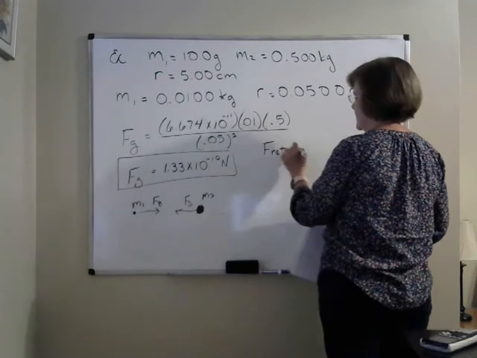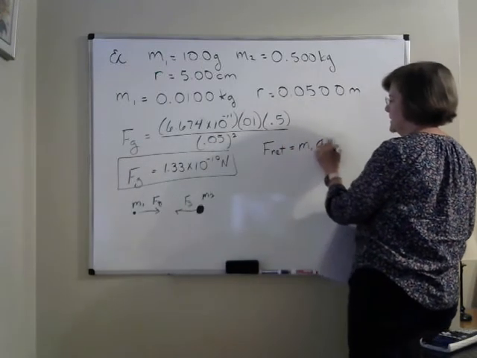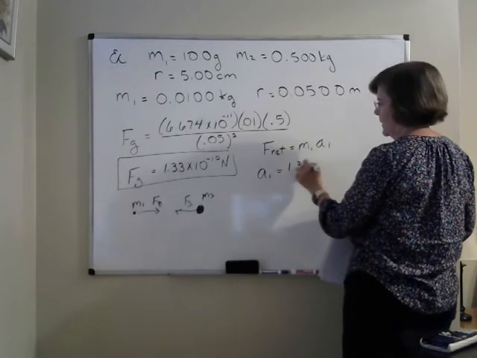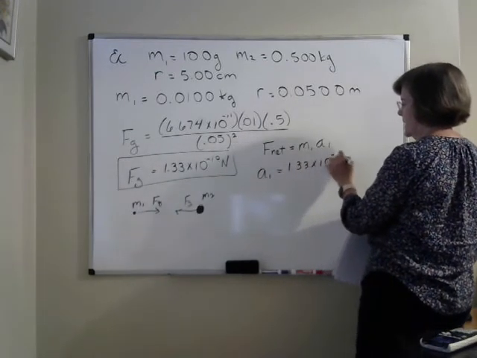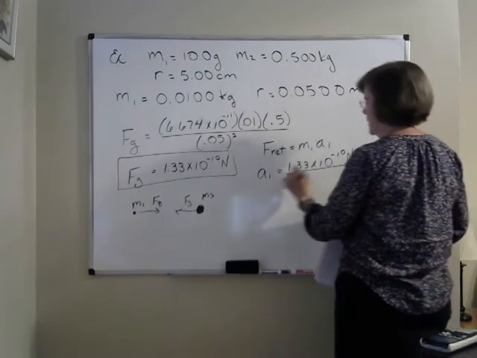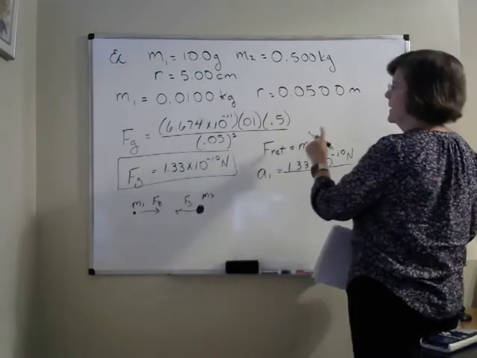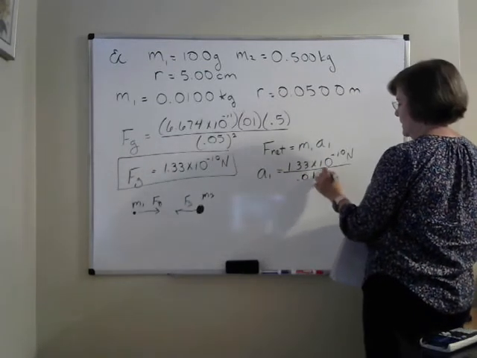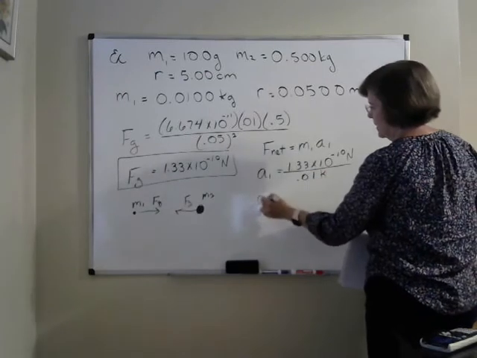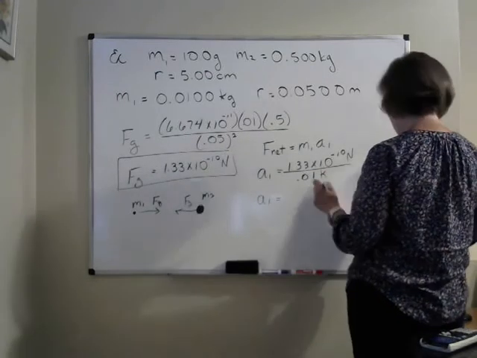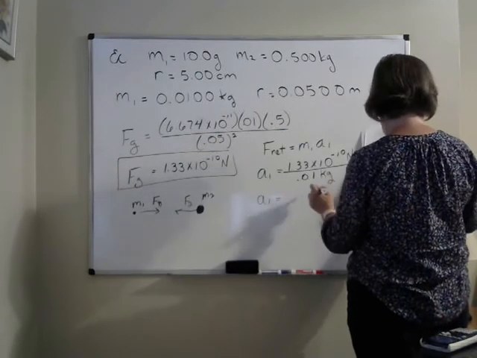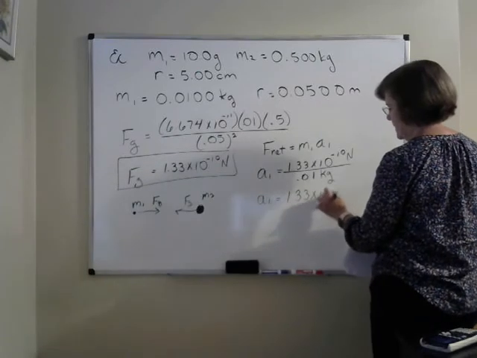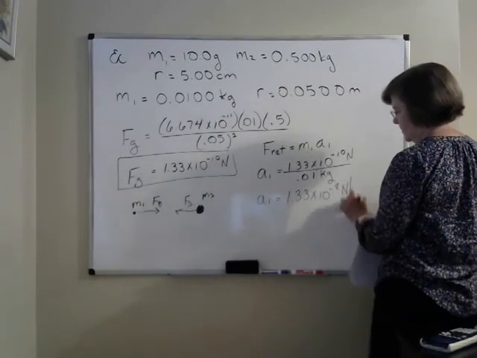So if the net force is equal to mass 1 times its acceleration, it would be 1.33 times 10 to the negative 10 newtons divided by its mass of 0.01 kilograms. That's like multiplying by 100. So I get 1.33 times 10 to the negative 8.